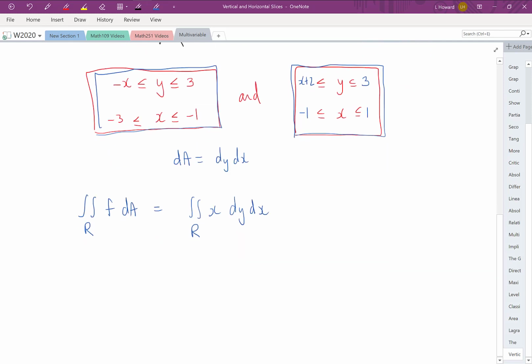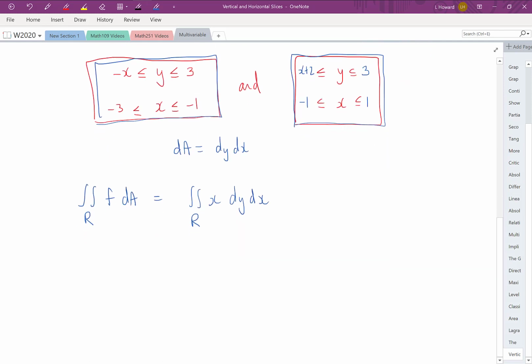Okay, and then the last thing that we need to do is put our values onto the double integral. So the catch with this problem is because we had to divide our region into two subregions, we're actually going to need two different integrals here. So we're going to split this up: one integral for the left side of our region R, and a second integral for the right side of our region R. And that's just to make sure that we're capturing all those different x and y values.